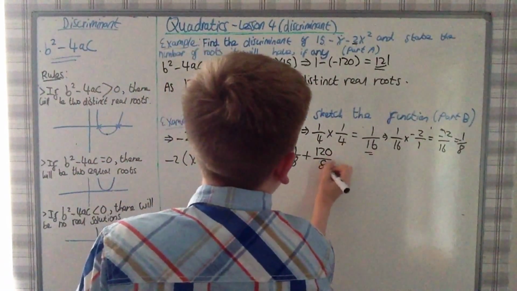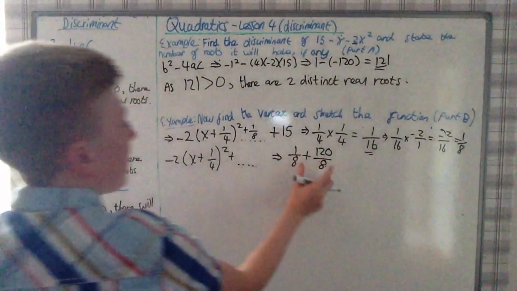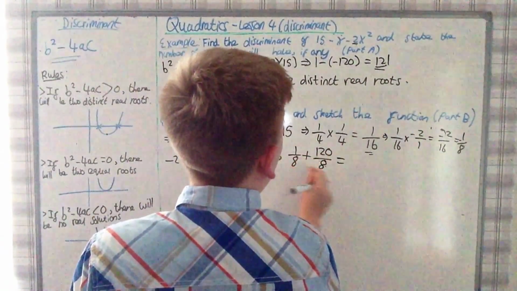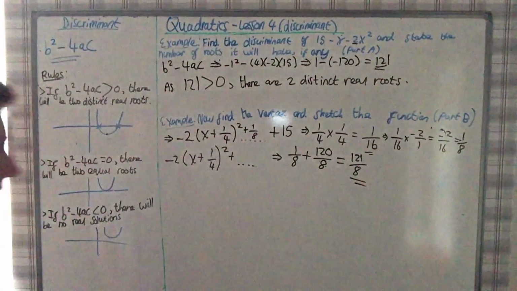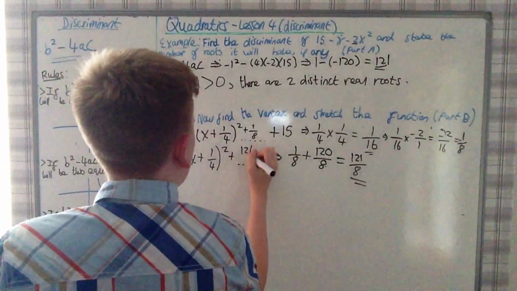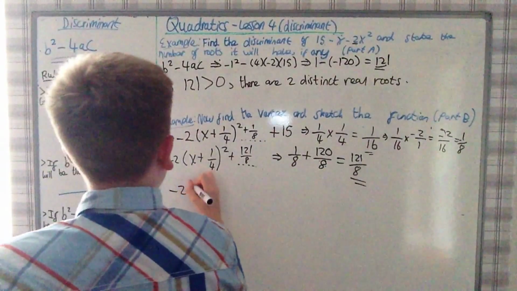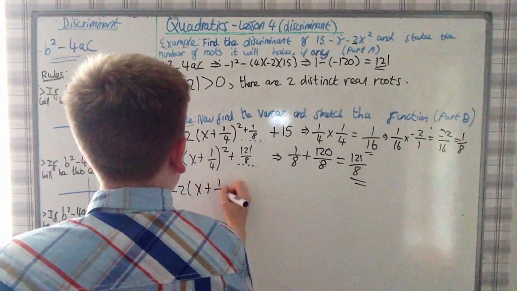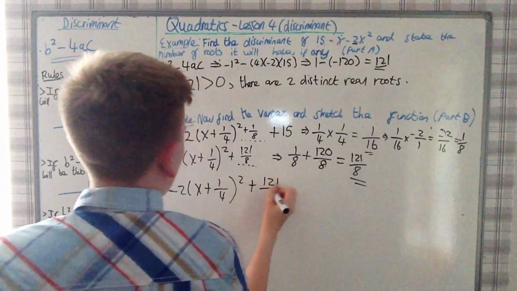Because 120 divided by 8 will give us 15. So 15 can be changed into this. And then we can simply add the fractions to get 121 divided by 8. So there's our answer. Minus 2, open brackets, x plus a quarter squared, plus 121 divided by 8.